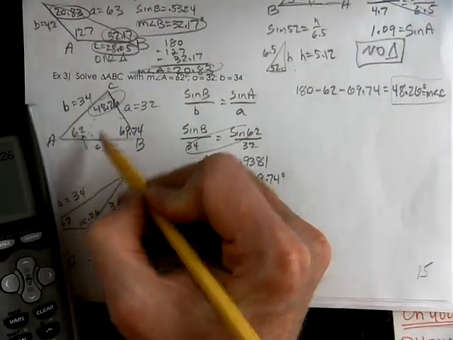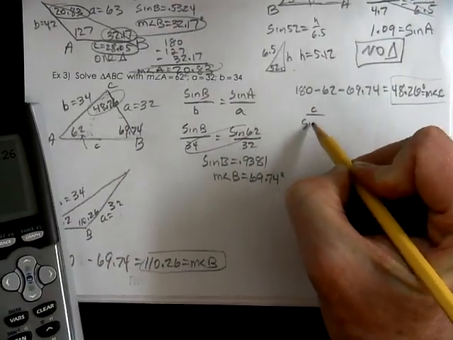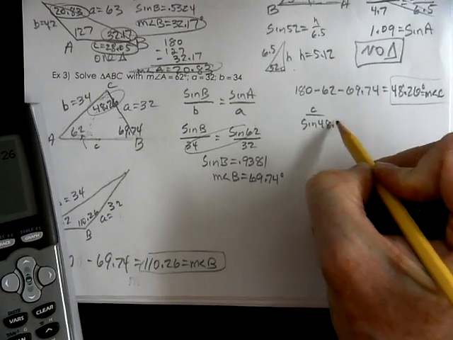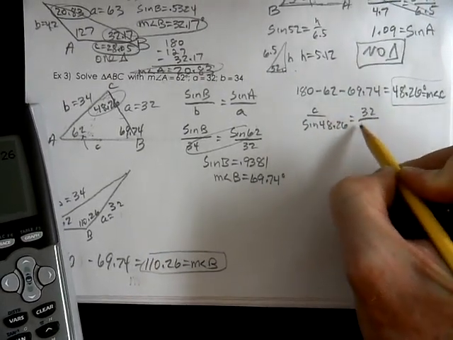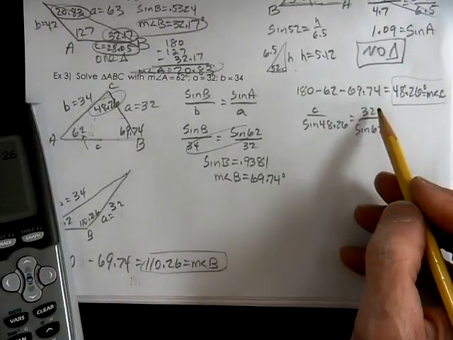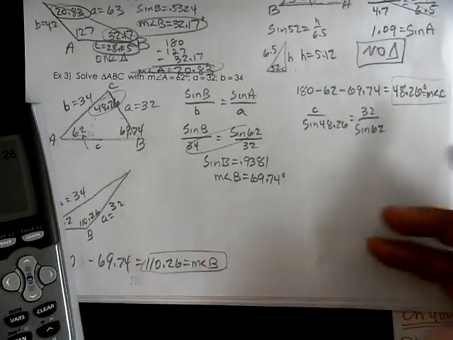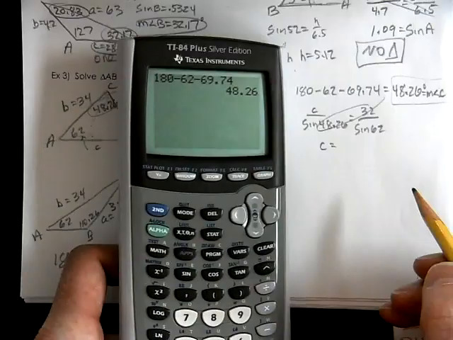And then now we need to find side C. Well, side C over sine of 48.26 equals 32 over sine of 62. That's the C fraction over the A fraction, or equaling the A fraction. So we cross multiply.